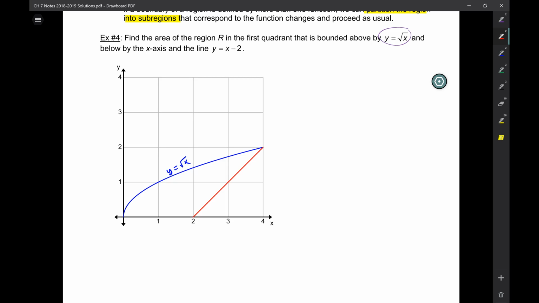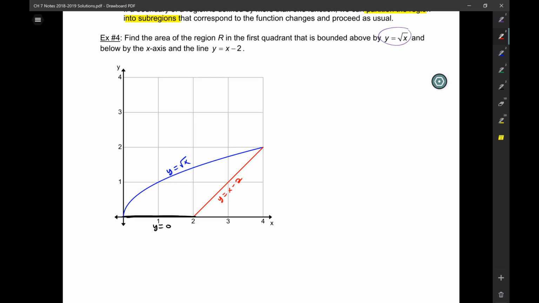So above y equals root x, and then below the region, you have the x-axis and the line y equals x minus 2. So if this is the region R, above it you've got this one function, but below it you've got two functions. One is y equals 0, and then y equals x minus 2.